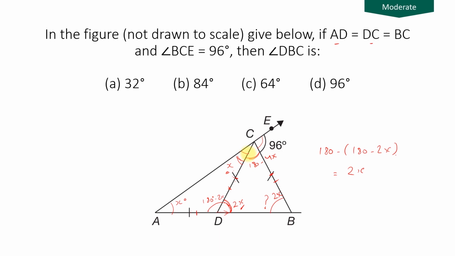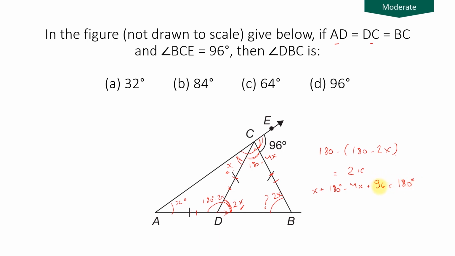So this angle is x, then we have 180 minus 4x, then we have 96 degrees, and the sum of these three is going to be 180 degrees. Let's write this equation. X plus 180 minus 4x plus 96 is equal to 180 degrees.